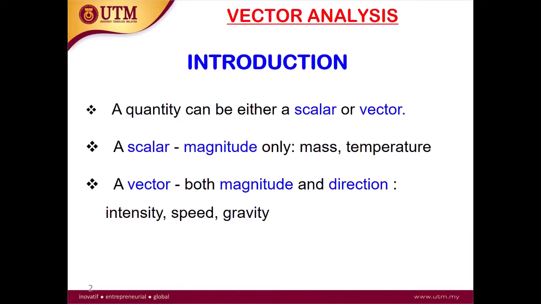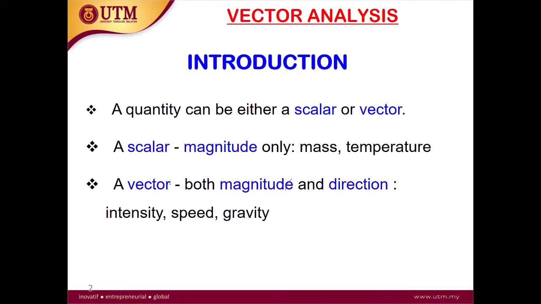As an introduction, a quantity can be either a scalar or a vector. A scalar only has magnitude, for example, mass or temperature.